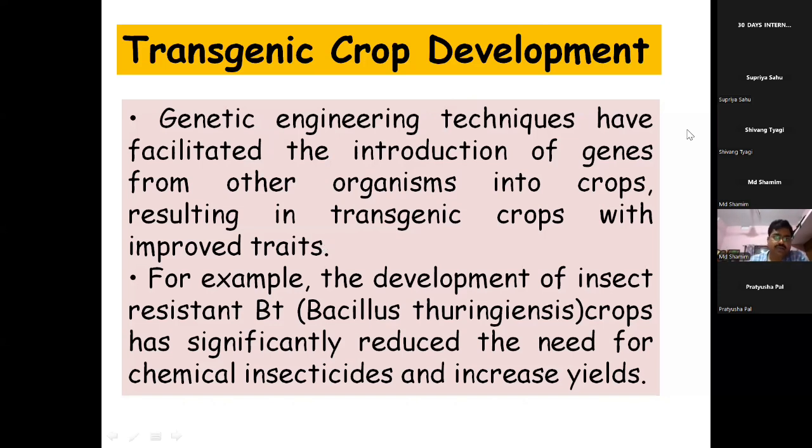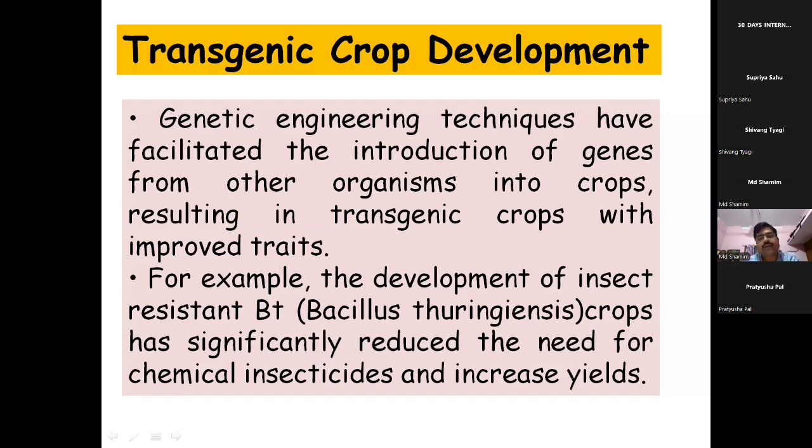Crop molecular breeding has developed crops, and several countries have approved transgenic crops for cultivation, like our neighbor country Bangladesh, which has approved Bt brinjal and other transgenic crops, and they also released golden rice for commercial cultivation.